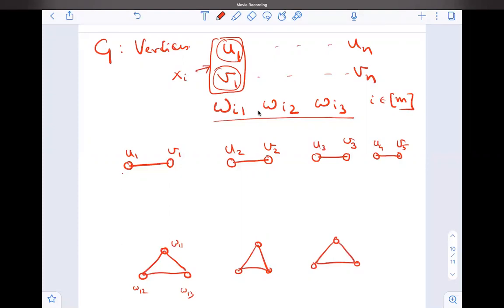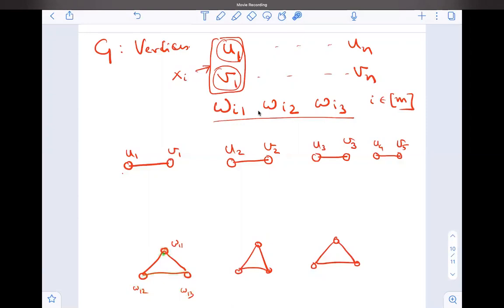Once you have a triangle, how many vertices have to be picked out of these three? Two of them, because if you take just one of them from these three, then if you take this one, then this one is not covered.